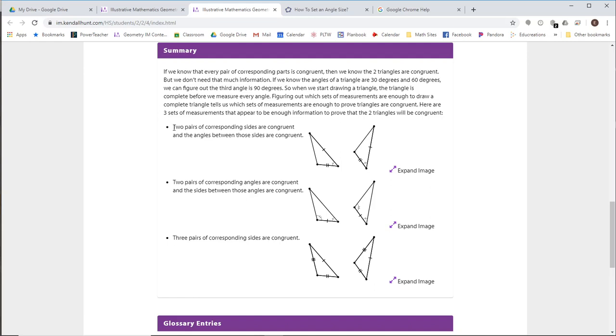First, if we have two pairs of corresponding sides that are congruent and the angle in between those sides is congruent, that's enough to say that those two triangles are congruent. These would be really good to copy down in a glossary, your key terms page, or your vocabulary worksheet, whatever you want to call it.